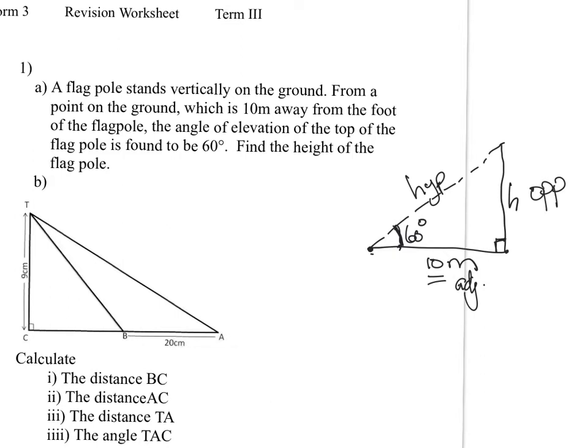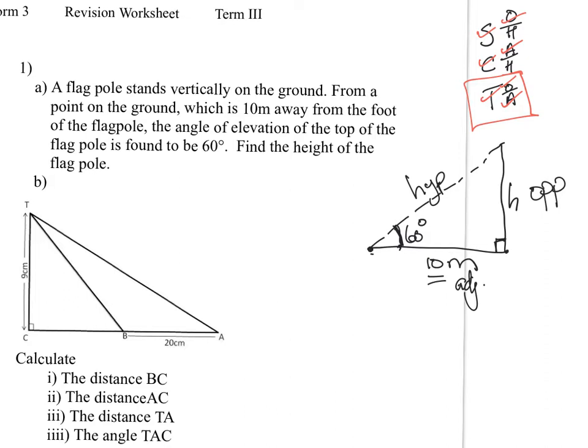So sine, cosine, tan, SOHCAHTOA, or whichever method you use to remember it. We have an angle, we have adjacent, and we are looking for opposite, so the one with all three ticks would be tan.